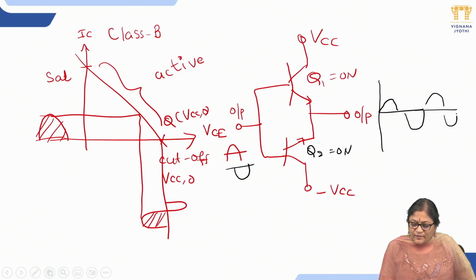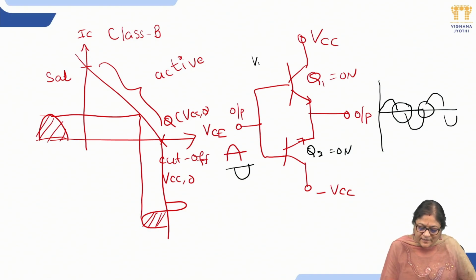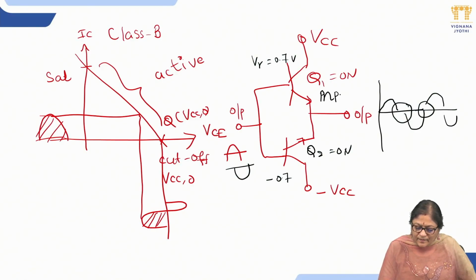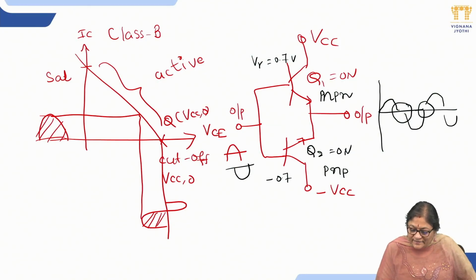But if you look at the crossover points, there is some gap because of the cut-in voltage of both the transistors. The cut-in voltage of silicon is 0.7, and similarly here it is minus 0.7 for the PNP transistor. The top transistor is NPN, the bottom transistor is PNP. Because of this lag or delay caused by the cut-in voltage, a distortion is involved here, which is known as crossover distortion.